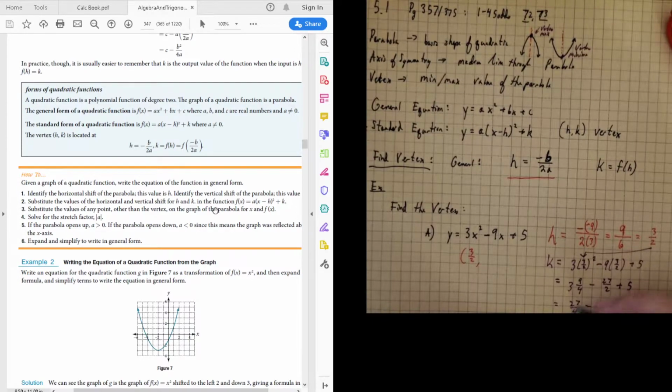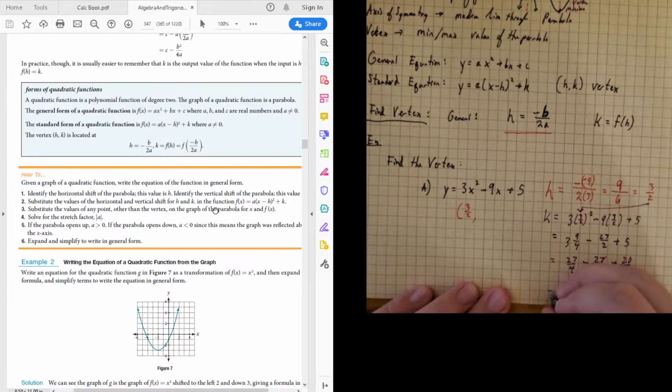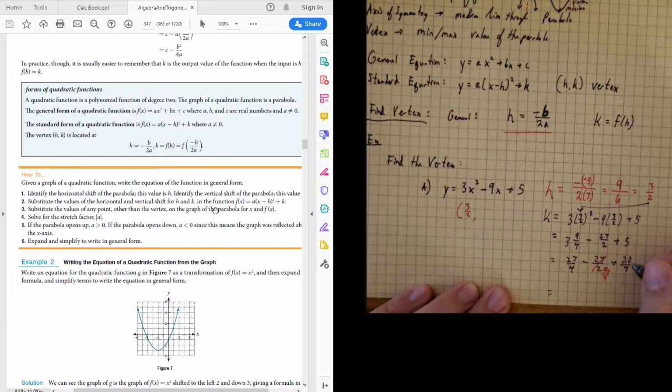I see my largest denominator is a 4, so I'm going to take this 5 and turn it into 20 over 4. All right, looking pretty good. This middle one will become 54 over 4, multiplying the top and bottom by 2 so that they all match. And then I combine them. We have a positive 27 minus 54 that becomes negative 27 plus 20, so that's negative 7 over 4.